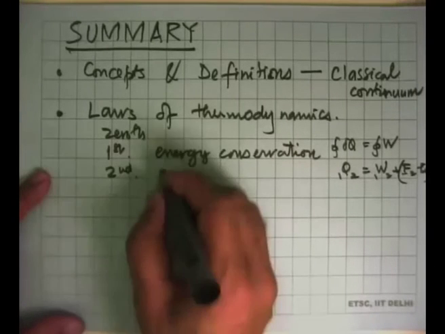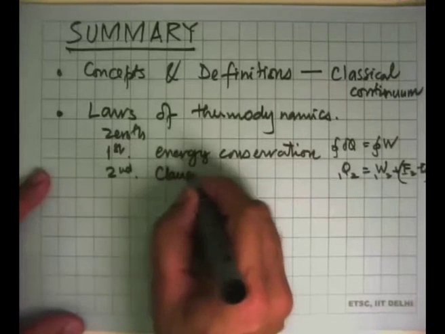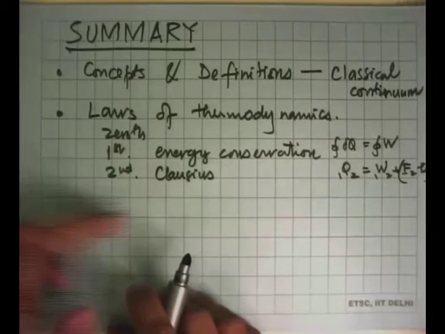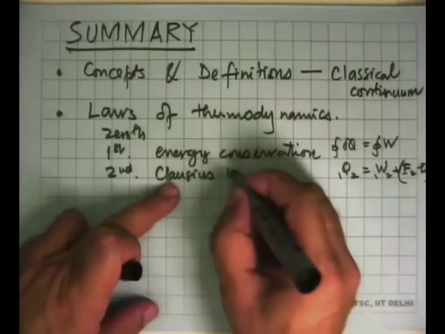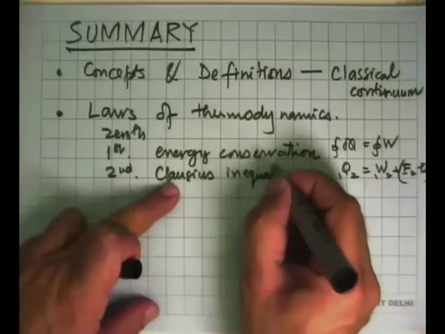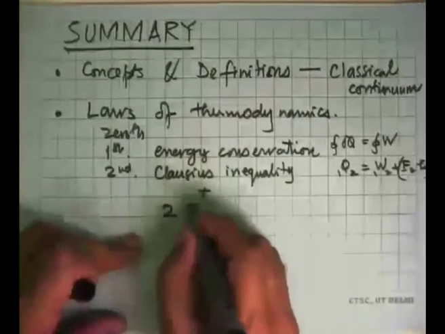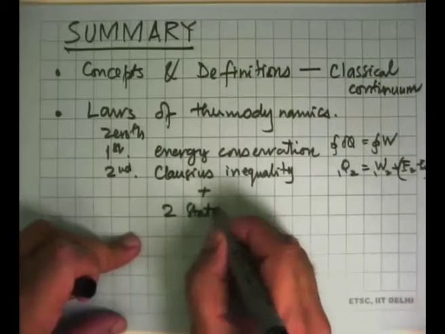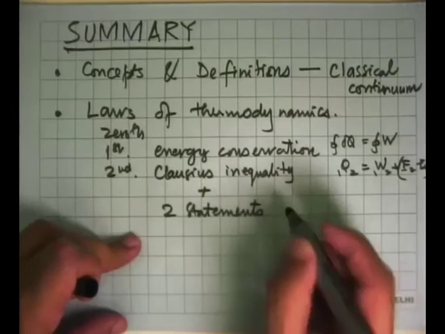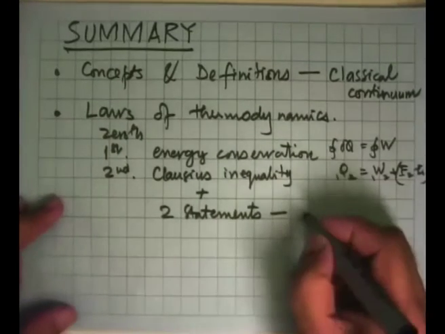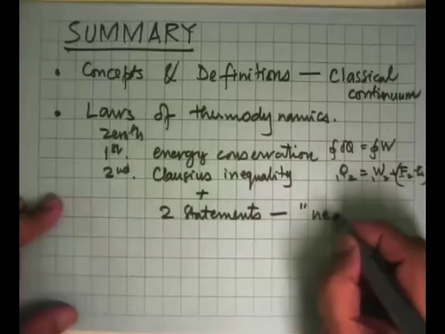And then we went on to the second law analysis, where we got two statements, but the only mathematical equation from which we started working was the Clausius inequality. And we had two statements. Okay, so they were both in some sense negative statements.